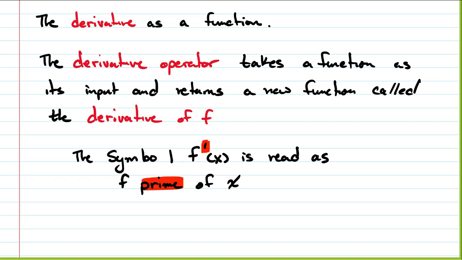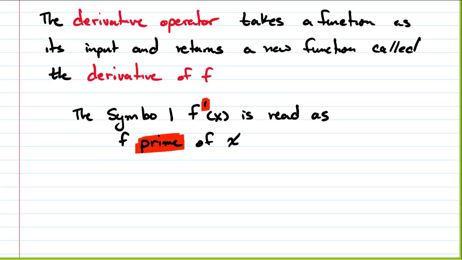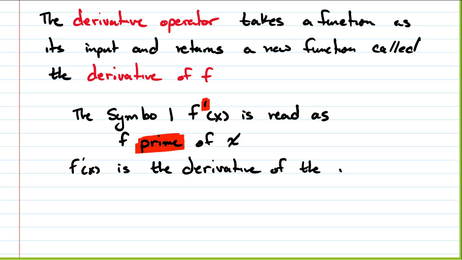The apostrophe is our prime of f. So if you hear f prime, what that really means is the derivative. So f prime of x is the derivative of the function f of x with respect to x.